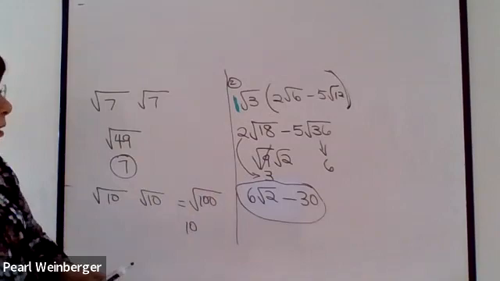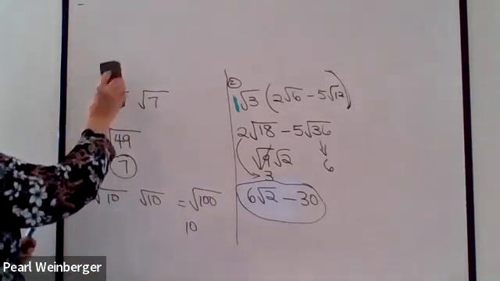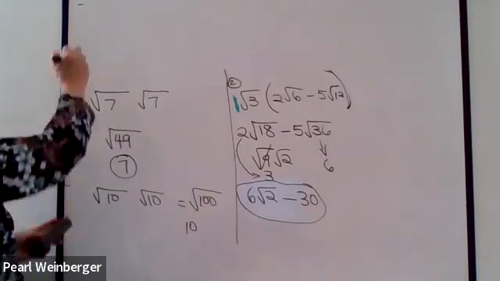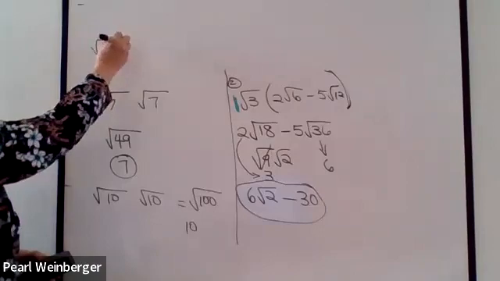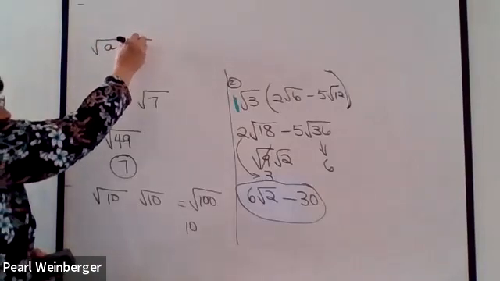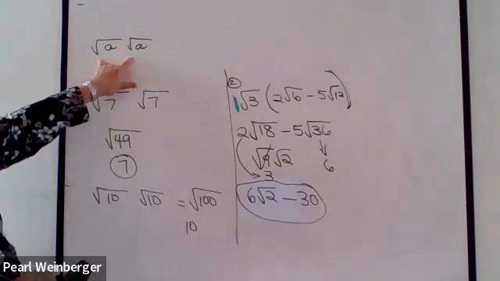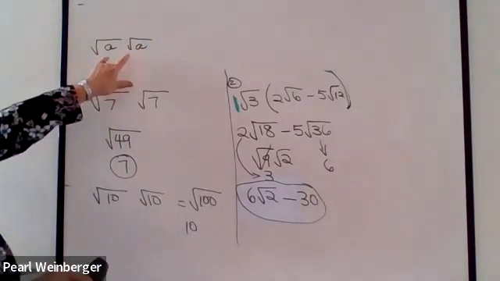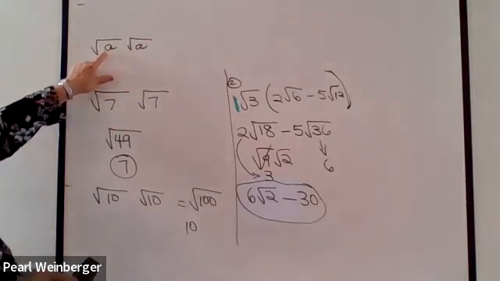I hope you are. It turns out anytime you have, and I'm going to use an A, because it's any number. A can be any number, as long, of course, as it's positive, because otherwise it's not real, but we want to talk about real numbers.